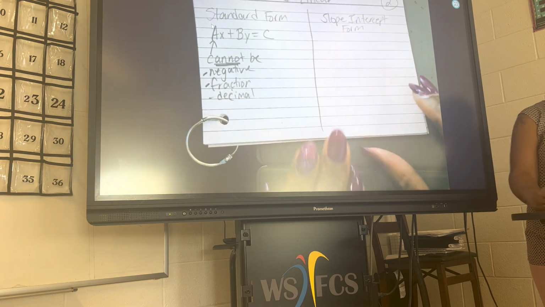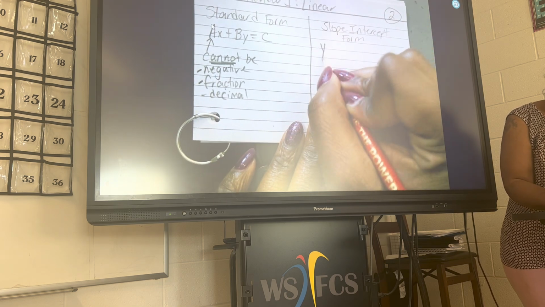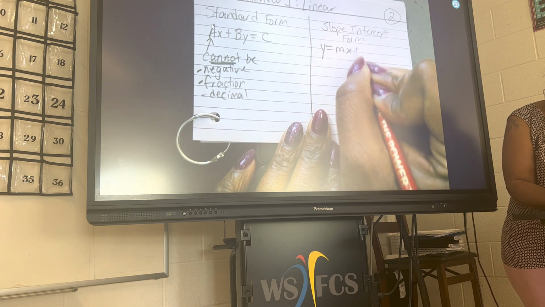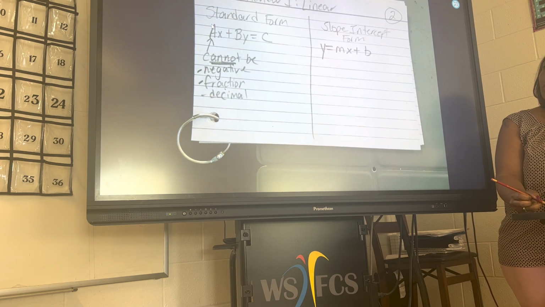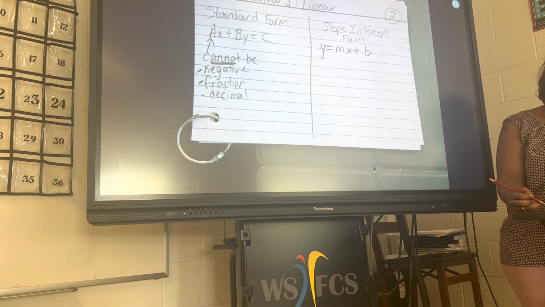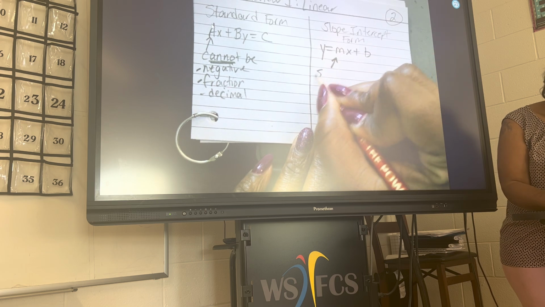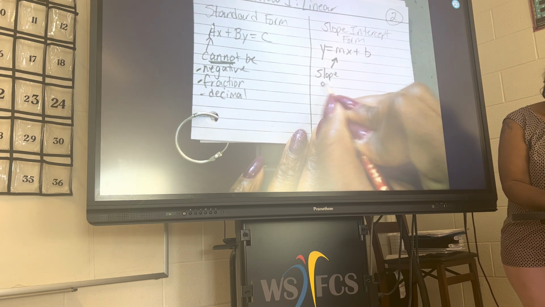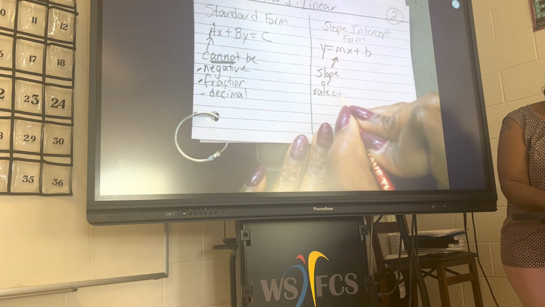Slope-intercept form. The slope-intercept form is y equals mx plus b. Most linear functions or equations are written in this form. Most of them. Where your m is going to be your slope, or another word for slope is rate or rate of change.